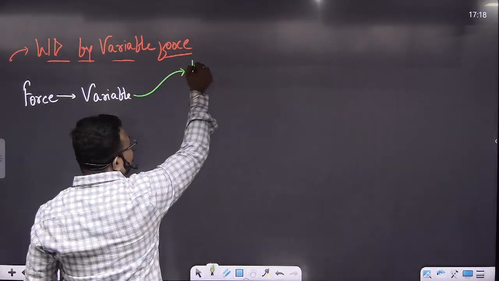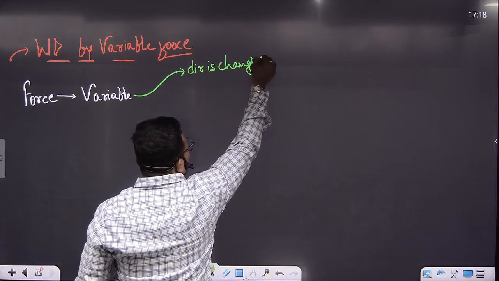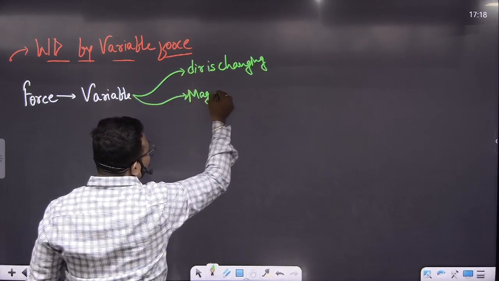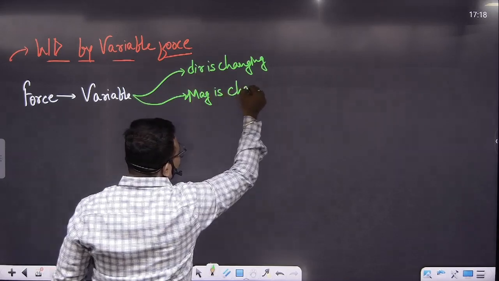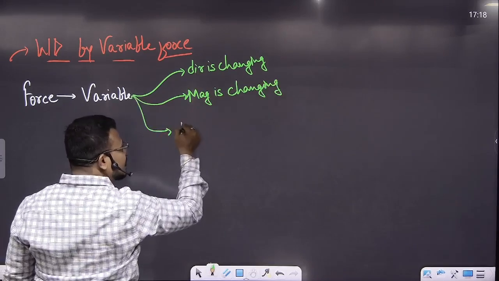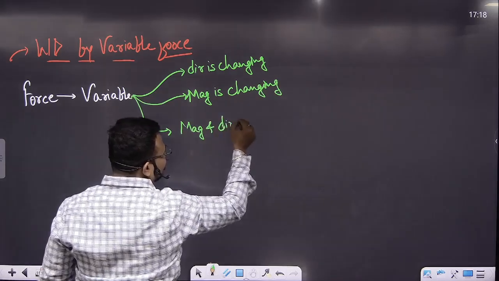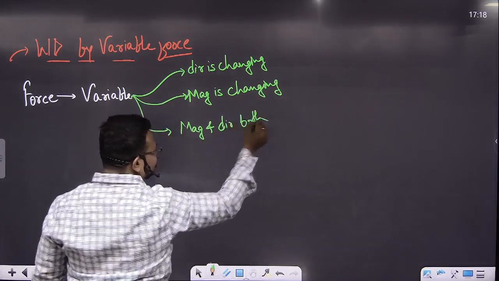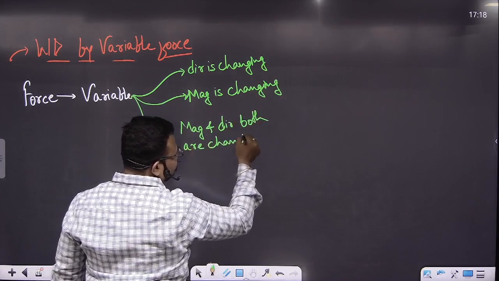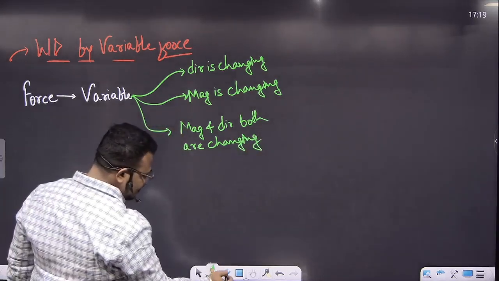Direction is changing, or magnitude is changing, or both magnitude and direction are changing.